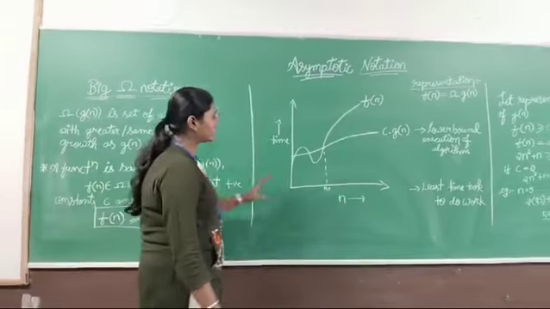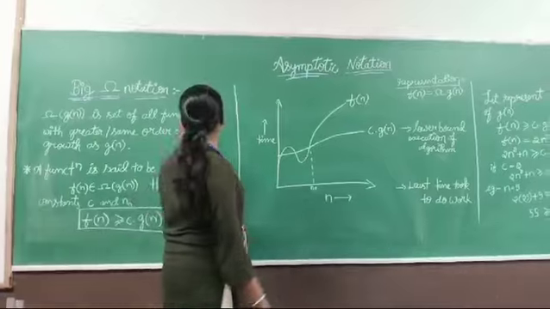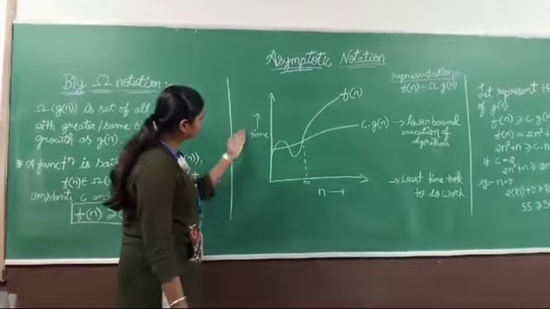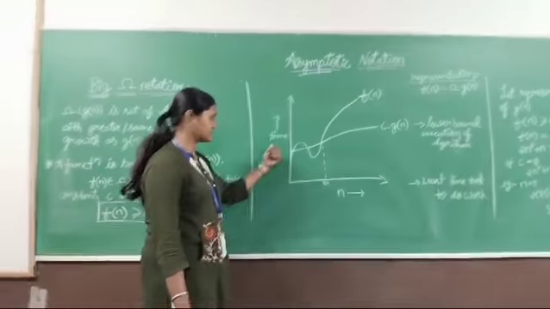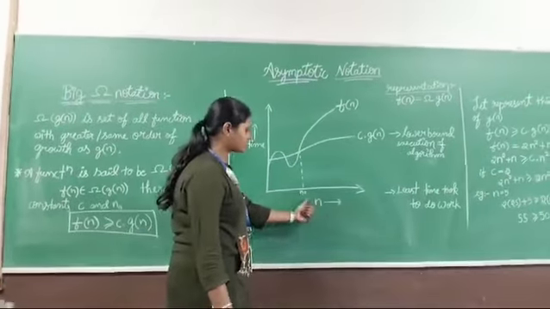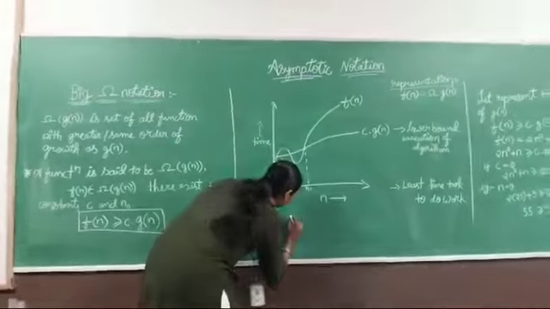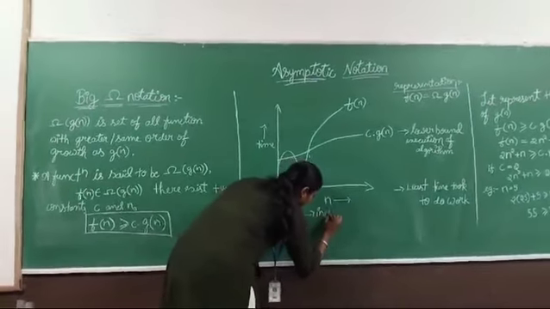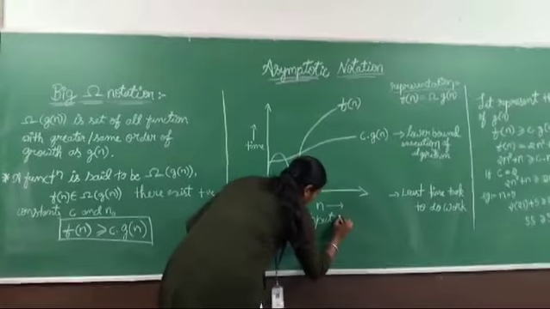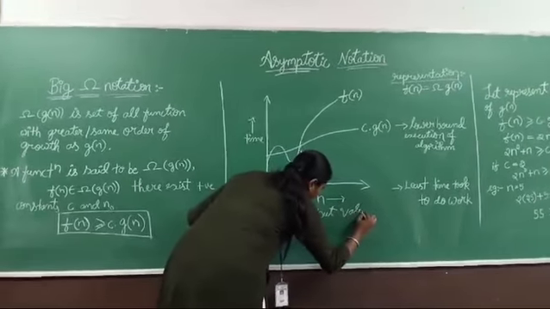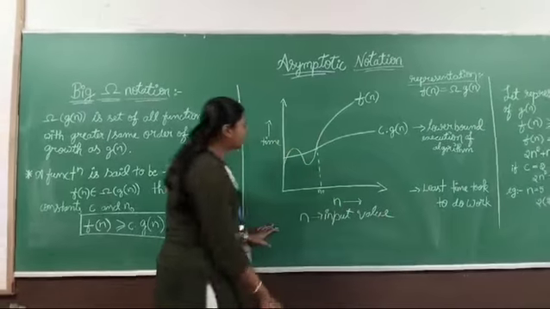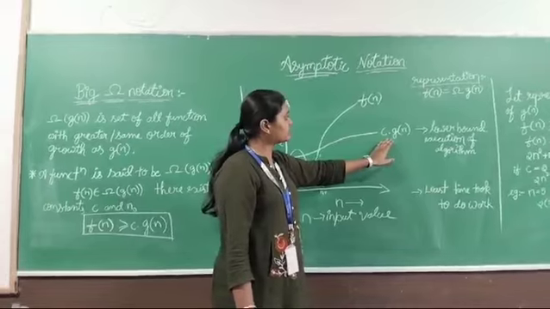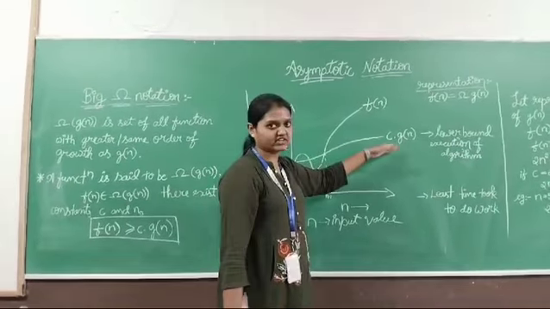So the graphical representation of omega notation is like this. Here the vertical axis represents time and the horizontal axis represents the input value. n is our input value. And f of n is a function. g of n is some simple function which is compared with this.